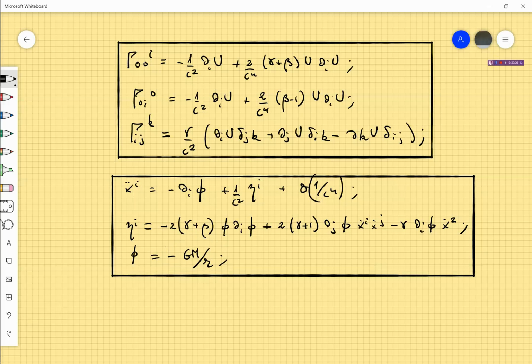In the next videos, we are going to apply all these results to the study of the deflection of light in a gravitational field, when the light passes close to the sun or another star, also the radar echo delay or the Shapiro delay, and again the shift of the perihelia of astronomical objects.